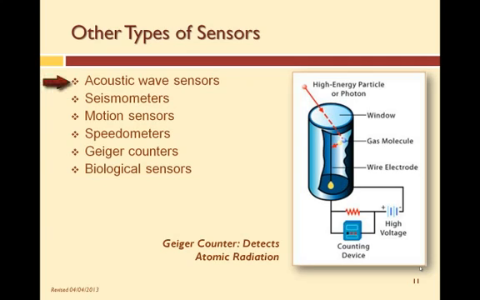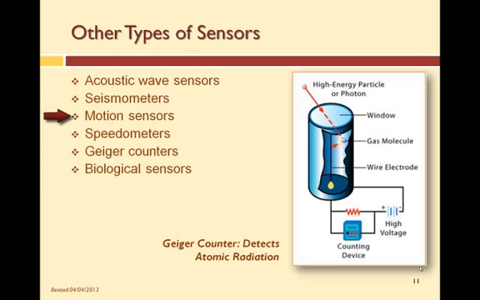Other types of sensors include acoustic sensors, such as the acoustic wave sensor, which measures the wave velocity in an environment to detect the presence of a chemical species, or in a seismometer, which measures seismic waves.